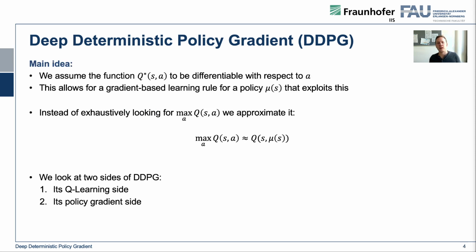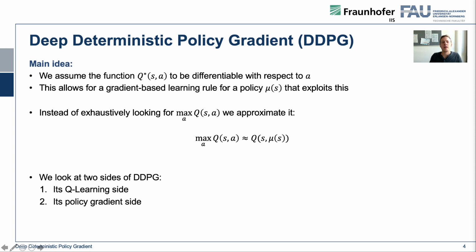Okay, so what is the main idea behind DDPG? We assume that our Q function is differentiable with respect to A, meaning that a slight change in A also tells us the derivative or the gradient direction of Q. And this allows for a gradient-based learning rule for a policy mu of S that exploits this information.